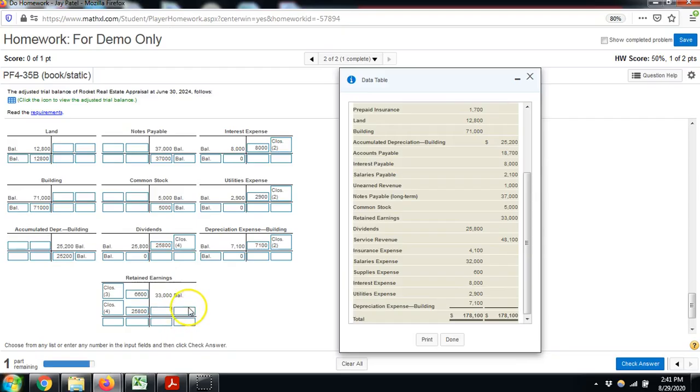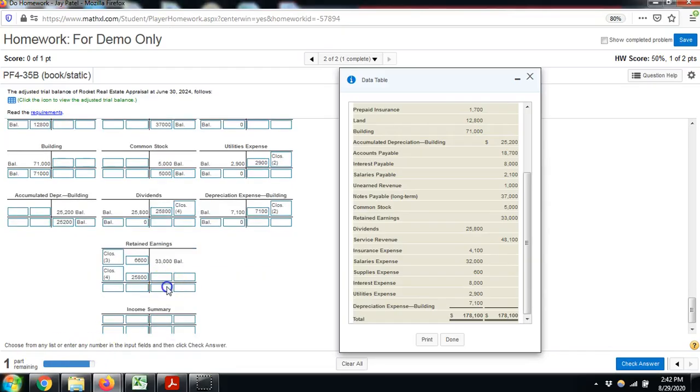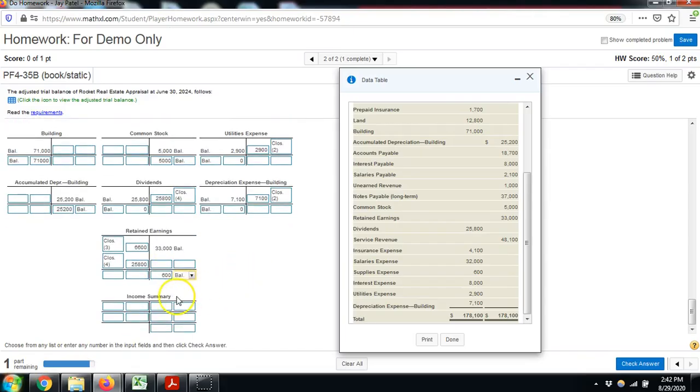And so when we add all this up, our retained earnings balance, we know, is $600 credit balance. And then we had our income summary, which were basically closing entry 1, closing entry 2.